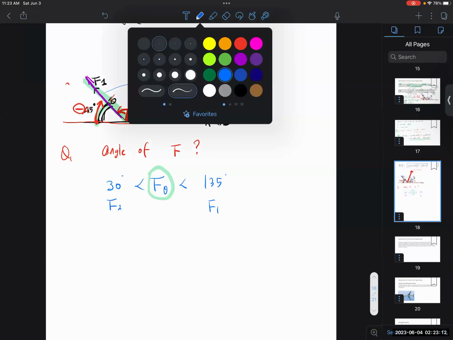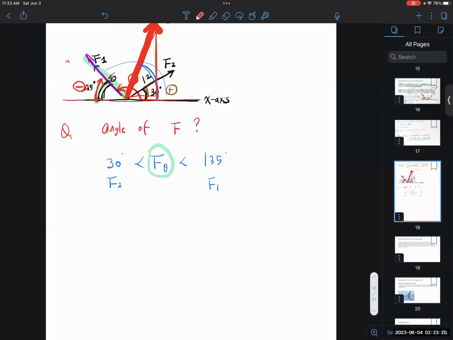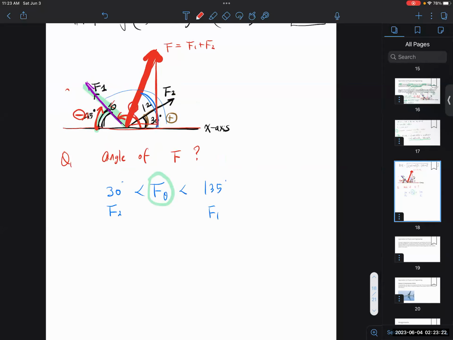Think about it, a little bit of trigonometric concept. Here, for F1, you can create a right triangle. So to find this angle, we are looking for the right triangle's angle. This is the force F1 plus F2, right? I want to find this angle.